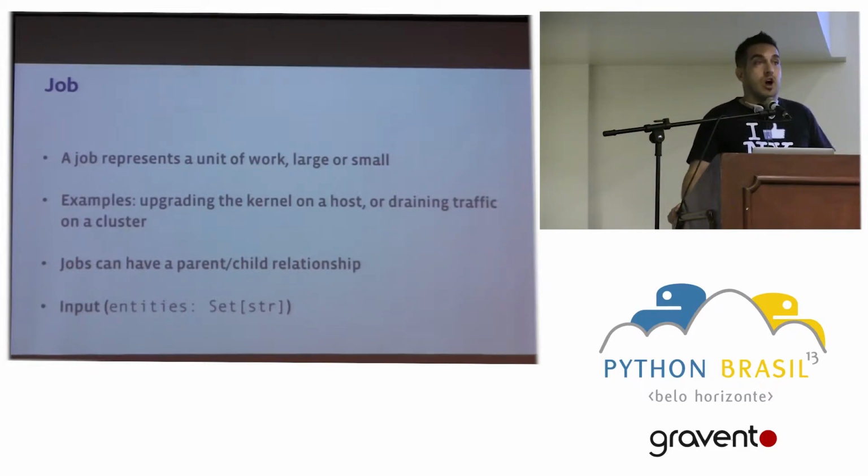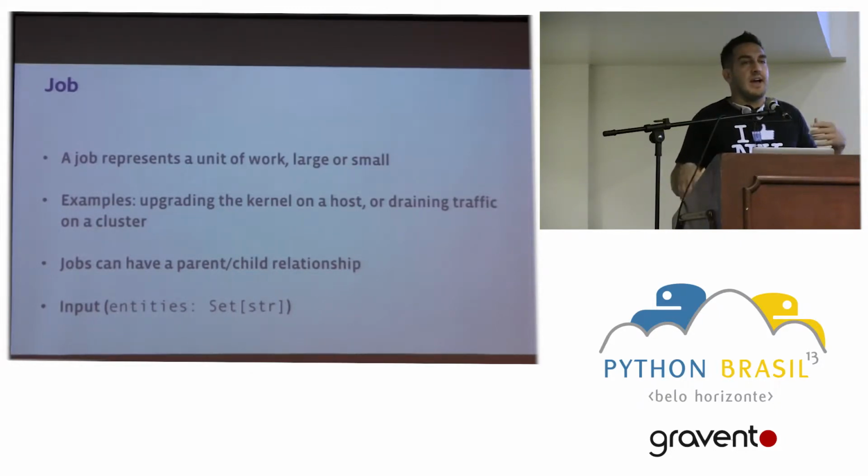Jobs can create other jobs, similar to processes forking and creating others, right? And when a job creates another job, you establish a parent-child relationship between the two jobs. So pretty easy. Jobs have an input. The most common type of input we call entities, and this is just a set of strings that the job receives.